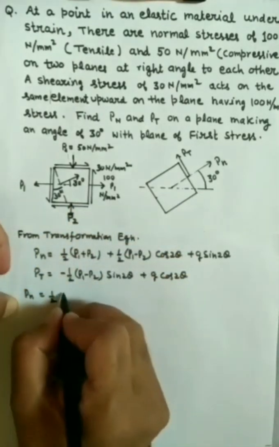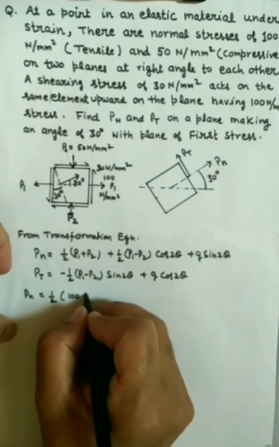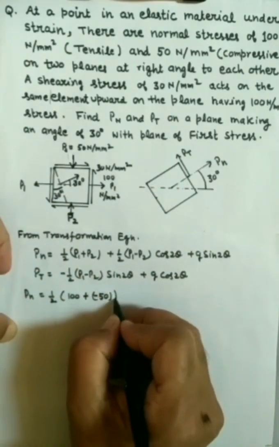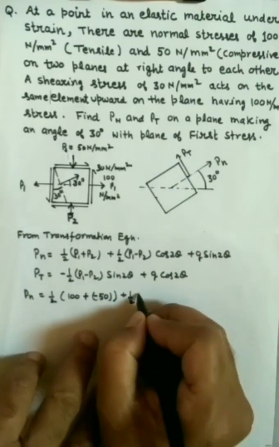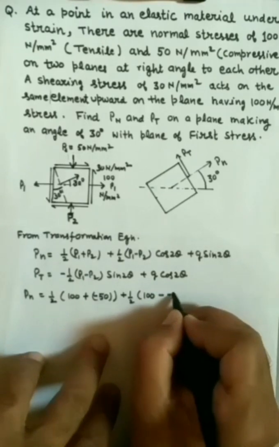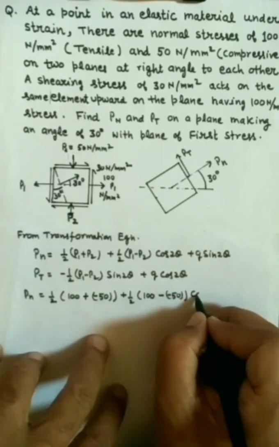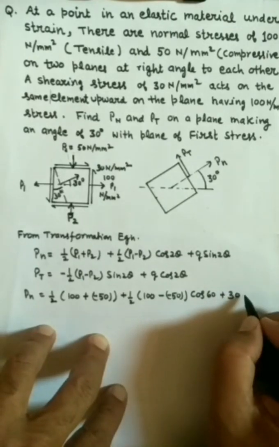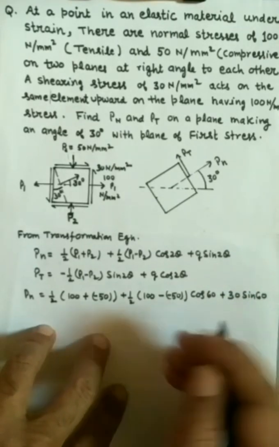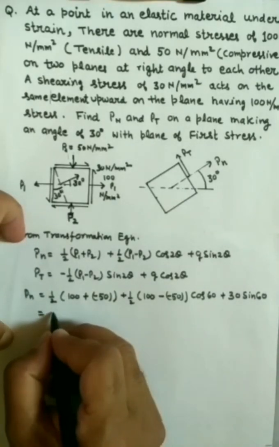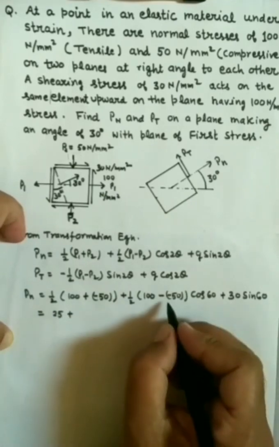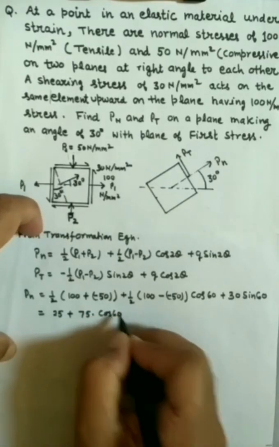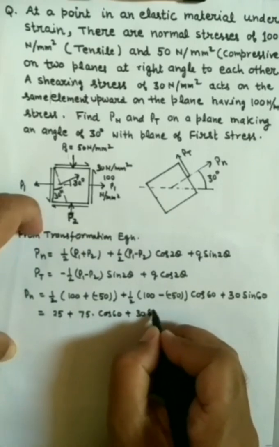Pn will be equal to 1 by 2 (P1 is equal to 100 plus P2 is compressive, so it is minus 50), so 100 plus minus 50, plus 1 by 2 (100 minus minus 50), again P1 minus P2, cos 2 theta, theta is 30, so we will take cos 60, plus 30 sine 60, 30 is the shear stress Q. So which comes 100 minus 50 by 2, 25, plus 100 plus 50 by 2, 75 into cos 60 plus 30 sine 60.